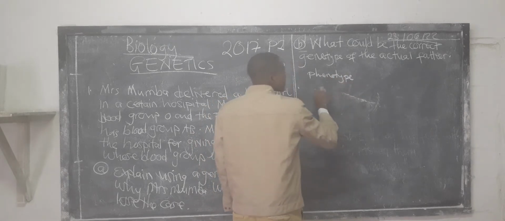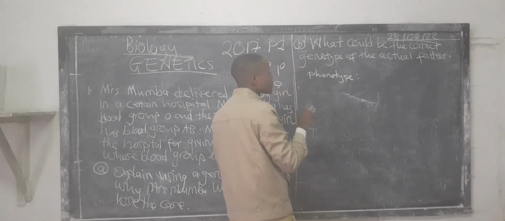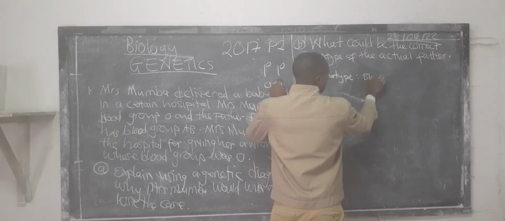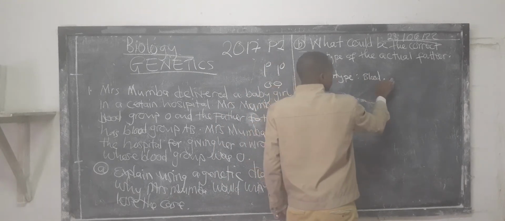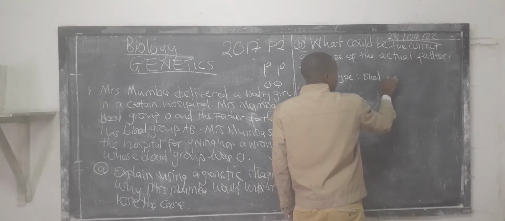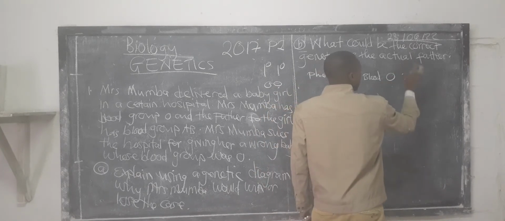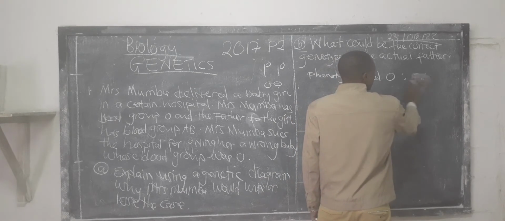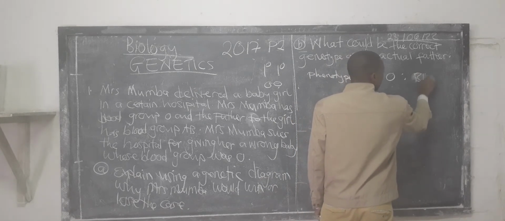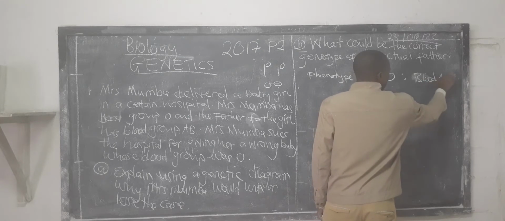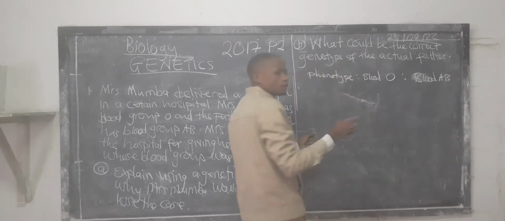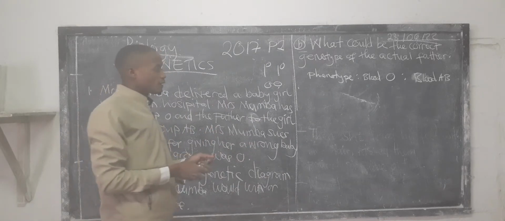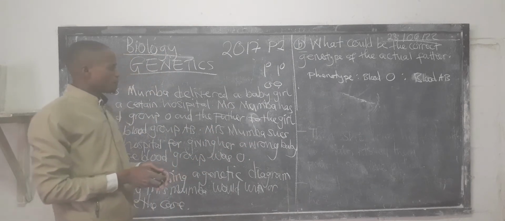Phenotype always comes first for the parents. So the phenotype: Mrs. Mumba had blood group O, and the father had blood group AB. So this is the phenotype of the parents. The mother is blood group O and the father is blood group AB.